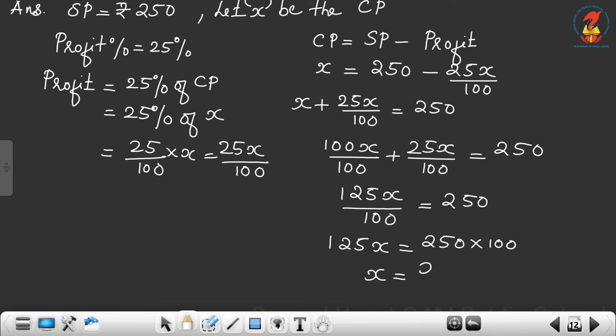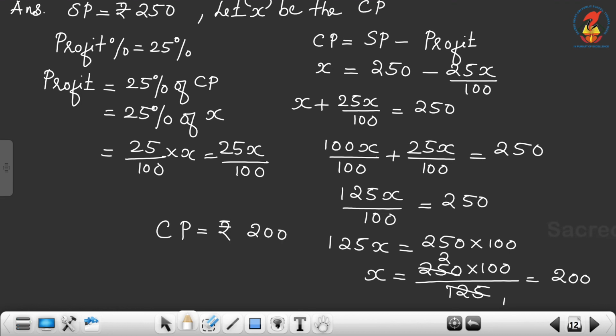Therefore X is equal to 250 into 100 divided by 125. Now we can cancel 125 and 250 using 125 one time, and here it is 2 times. So 2 into 100, you will get 200. Therefore the cost price is equal to rupees 200.